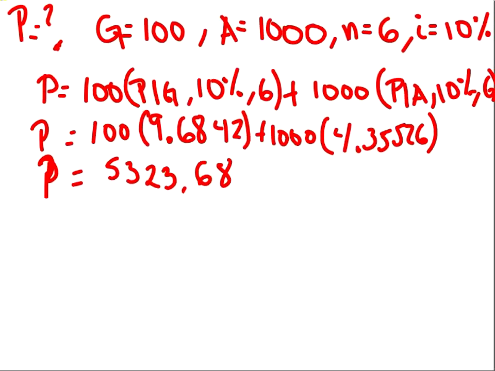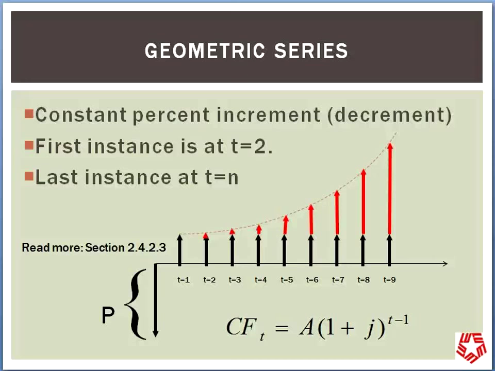Let's go to the geometric series. It's a similar situation as what we had with the gradient, in which we might have an annuity, but now based on the first payment, the increments are not based on a fixed amount, but on a fixed percentage increment or decrement with respect to the previous cash flow.